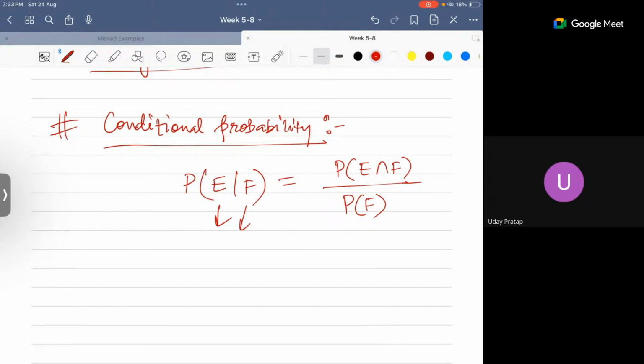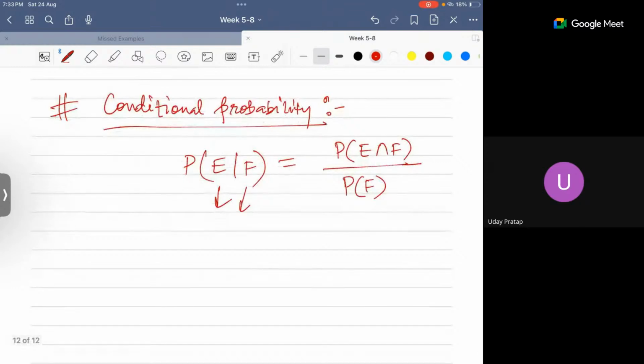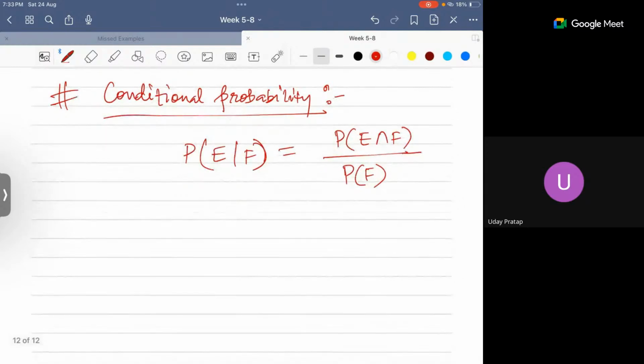And here, from one concept I told you about: let's say the occurrence of F is not affecting the occurrence of E. That means the probability of the event E is not getting affected by the event F. Then you can directly write probability of E given F as probability of E also, right? If F is not affecting E, can you write this?